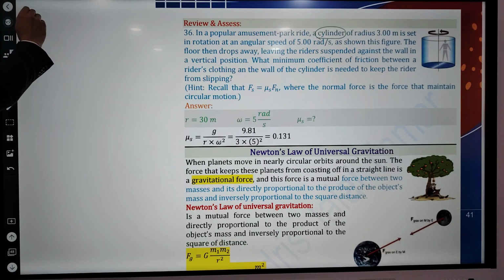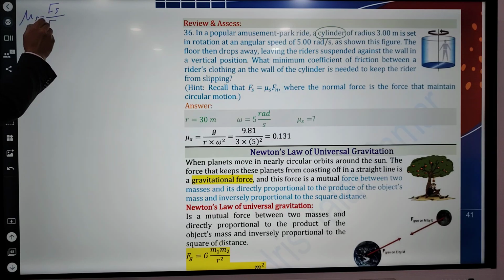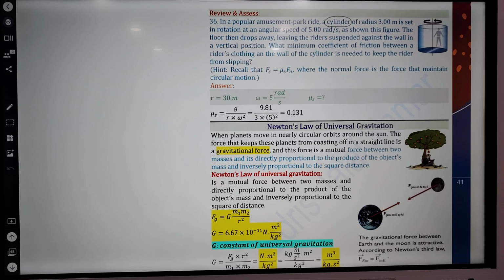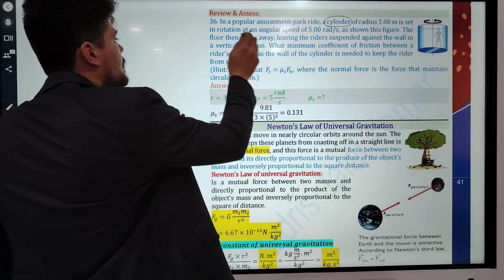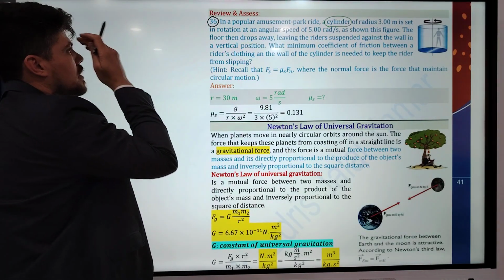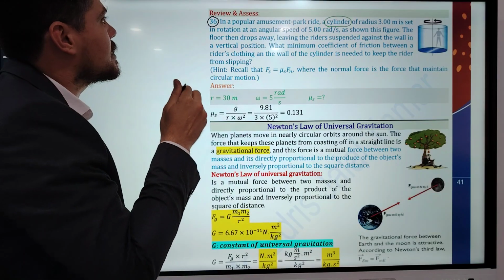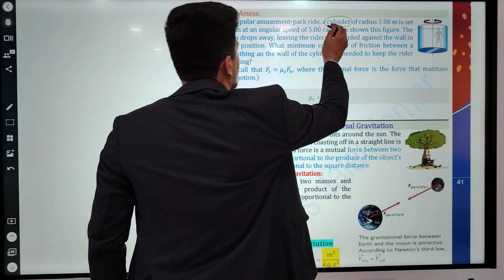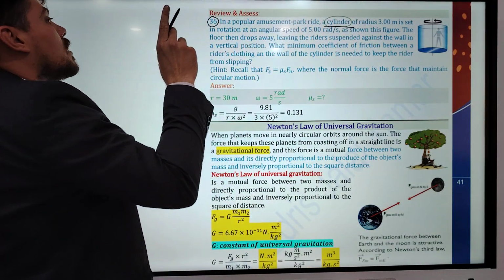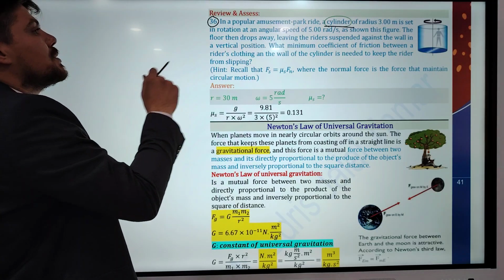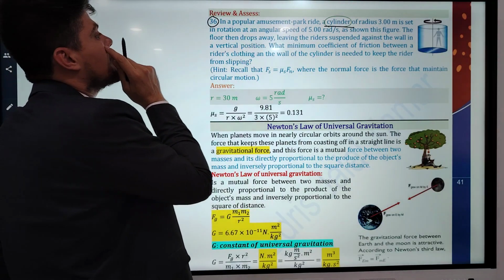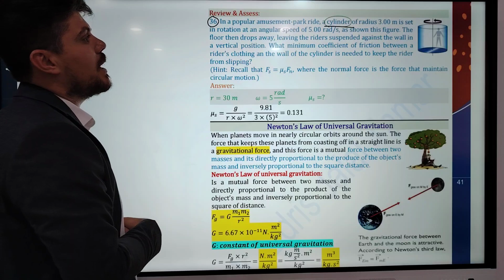In the cylinder, mu s all the time is equal to Fs over Fn. Be careful. The question says cylinder. This is not a car. The situation of the cylinder is completely different from the situation of the car when it's moving in a circular path.